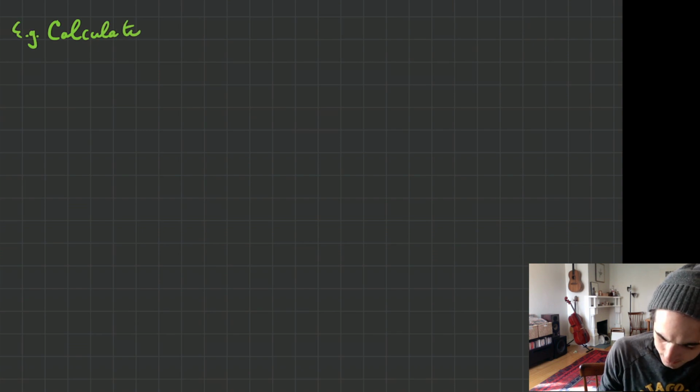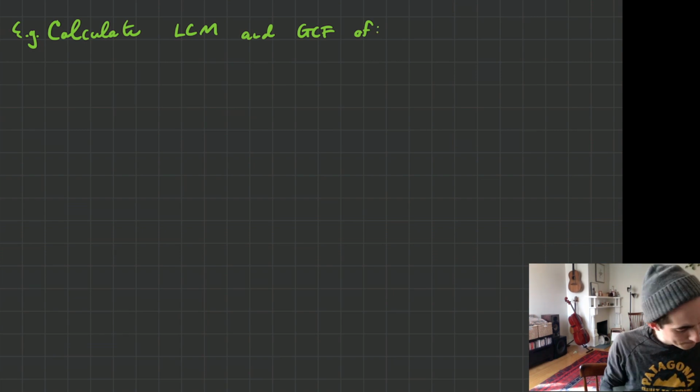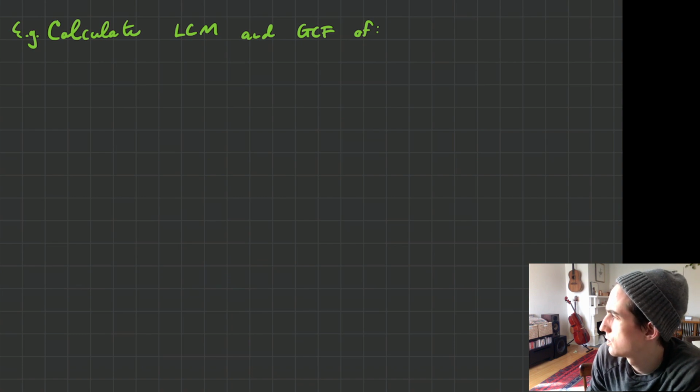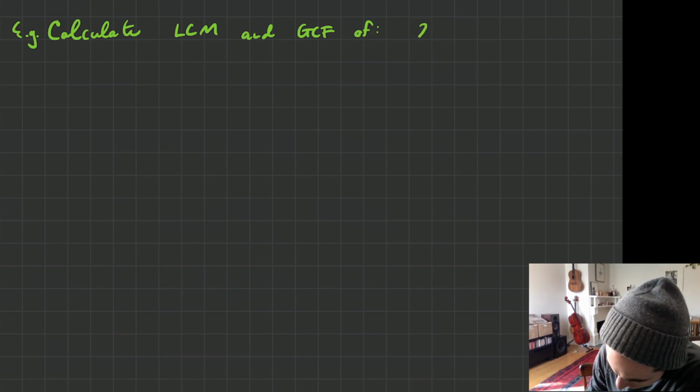So let's see if I can grab a few examples for us to burn through. Just as a warm-up example, let's calculate the LCM and the GCF of 27 and 45.